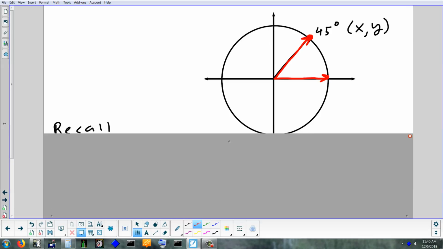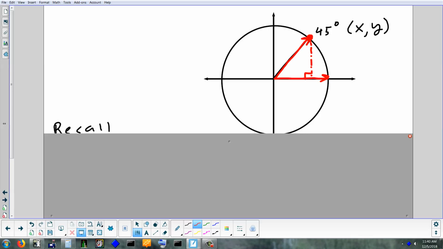The way I'm going to figure it out is to make a triangle out of that picture in red. I almost have a triangle. I just need to add one more side, and I'm going to add it straight down from the 45, just like this. So I just made a triangle.